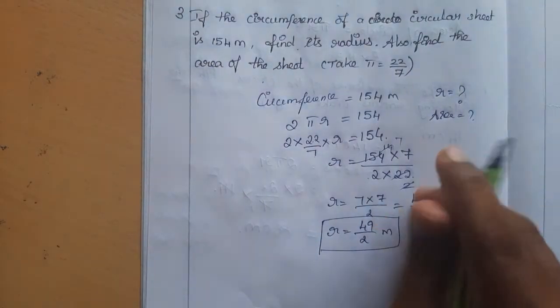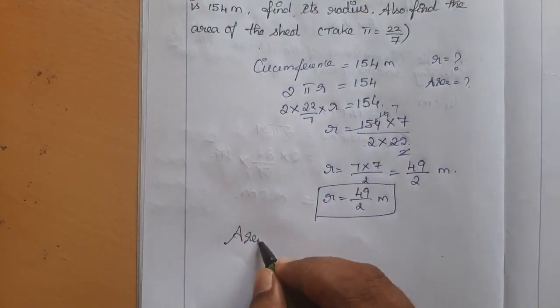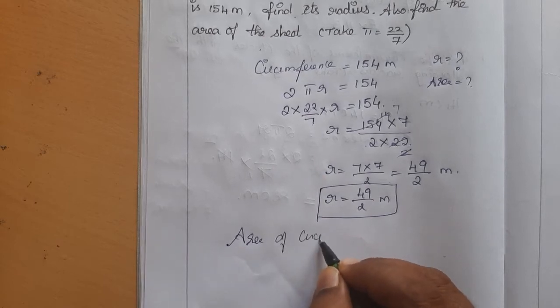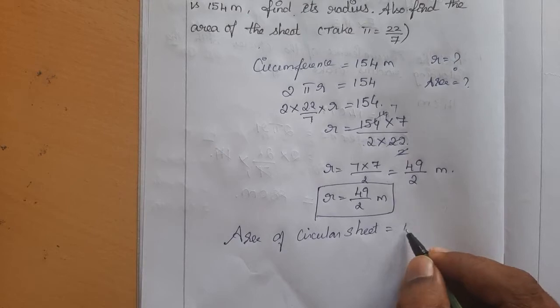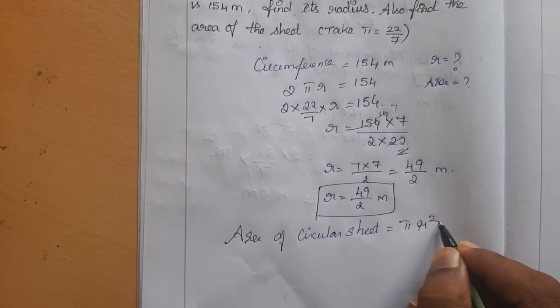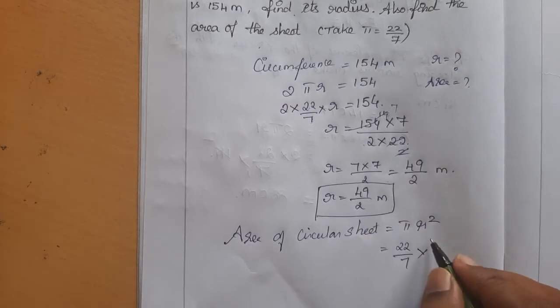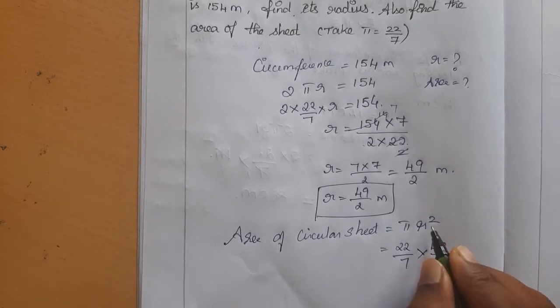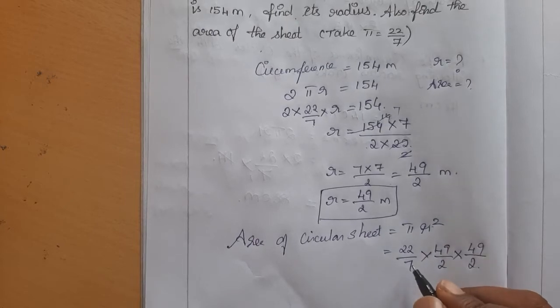So the same radius we can substitute in the area and find the value. Area of circular sheet is equal to pi r square. So the pi value is 22/7 and r we found as 49/2. Since it is a square, we are going to multiply twice. Same, right?